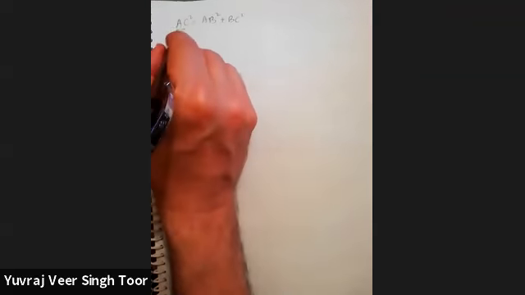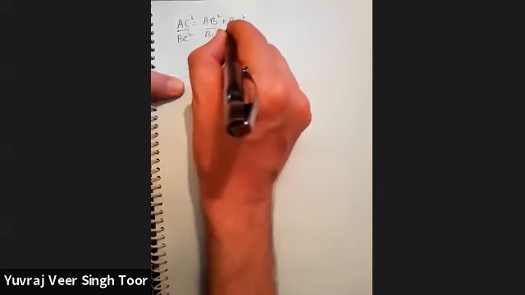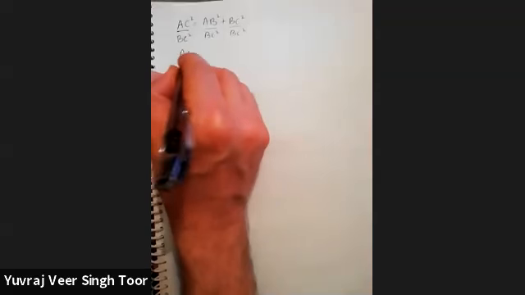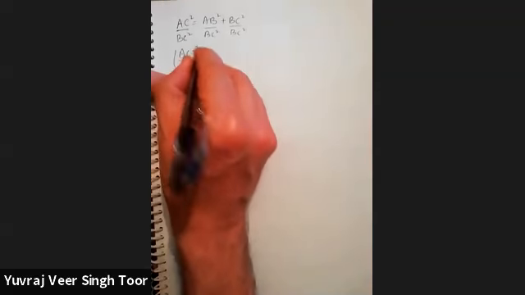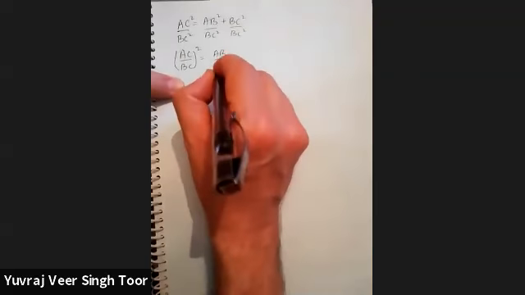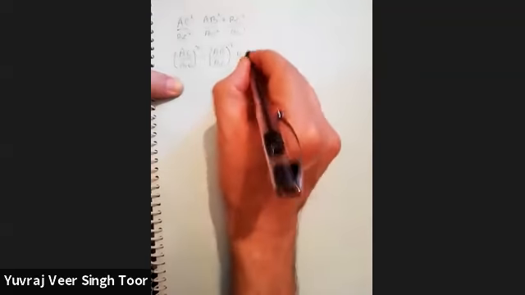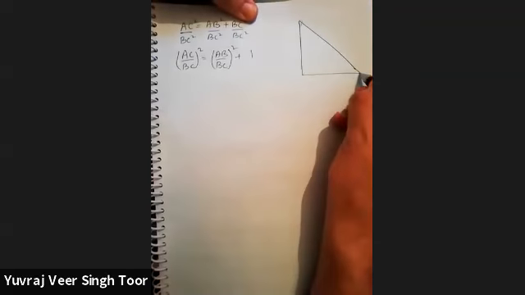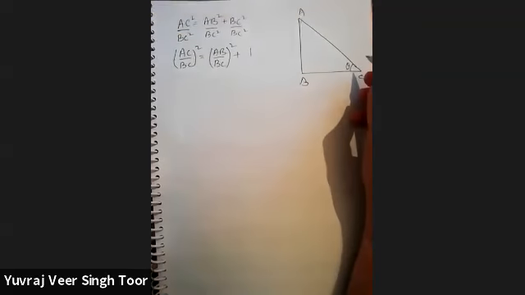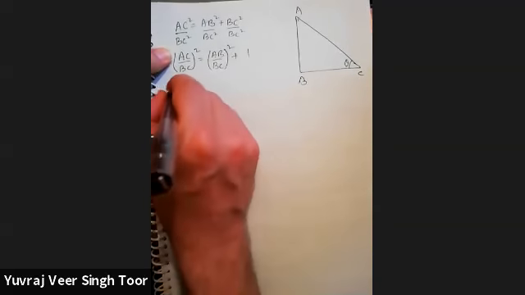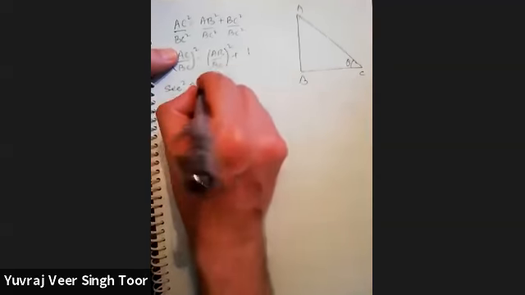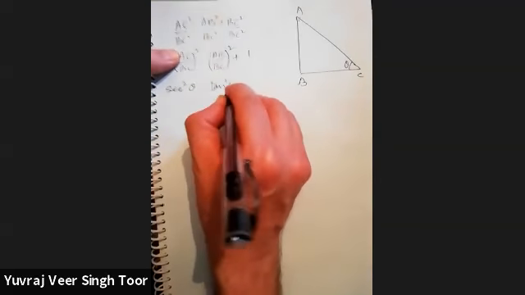Now we will divide this by BC square. AC by BC square, AB by BC square. Finally, this is 1. So for the reference, I'll make the figure here again. Hypotenuse upon base, secant square theta, and this is tan square theta plus 1.